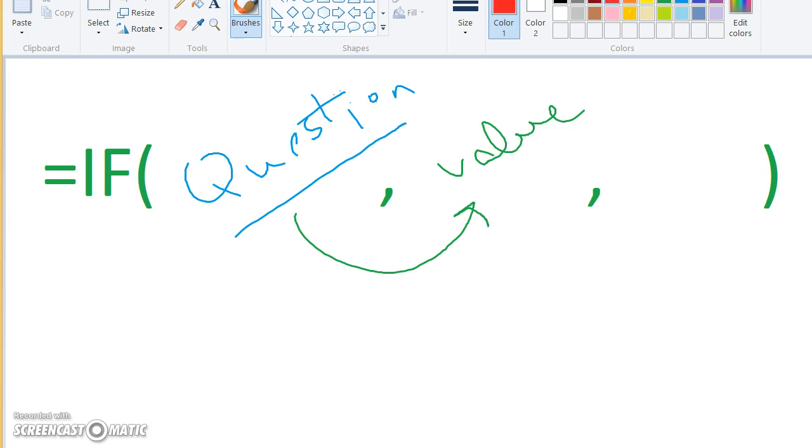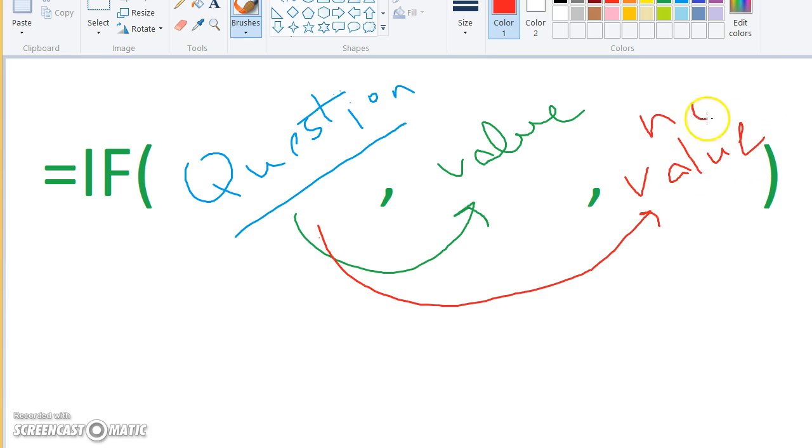And then after this second comma, in the event that it was no, you'll say, I want this to show up in the cell when it was no. So: question, yes value, no value.